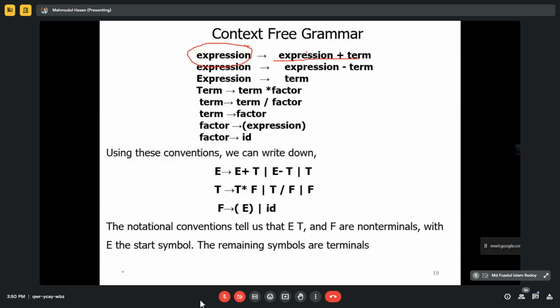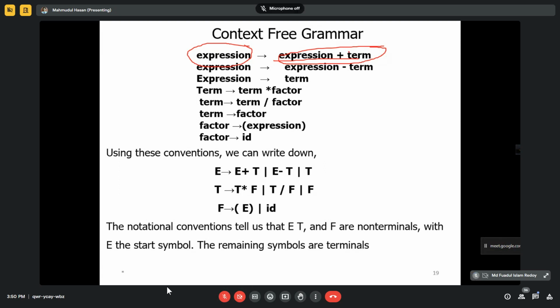So you can replace this one with this one. But you cannot replace a terminal with anything, because you cannot go from a terminal anywhere. Got my point?